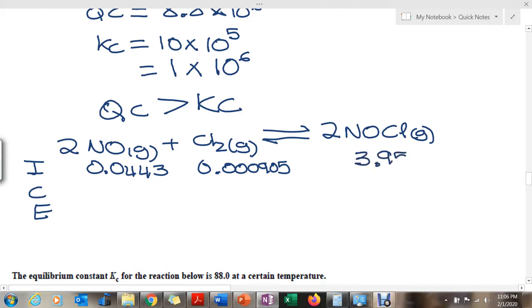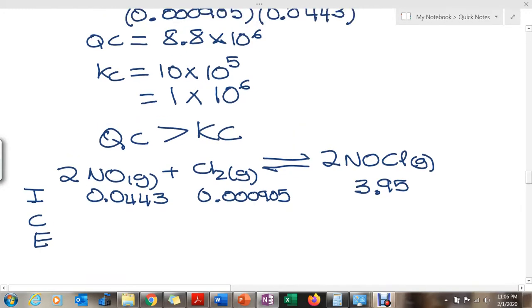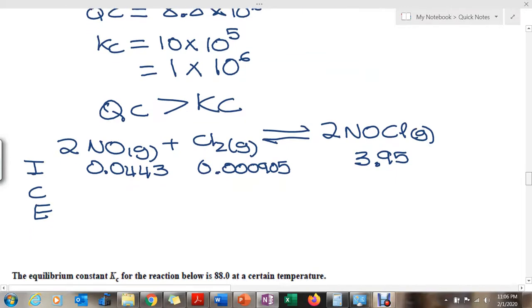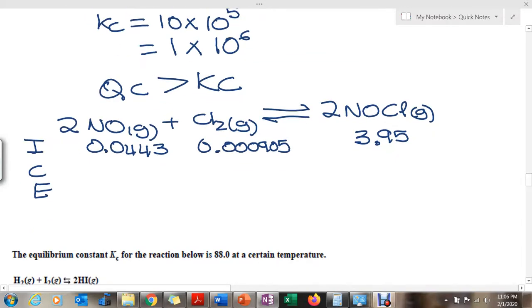Remember, this is when it's important that we do it. In other problems, we'll finish it. But here, you know that Qc is greater than Kc. So we know it's going to the left. So this would be plus 2x, minus x, minus 2x.